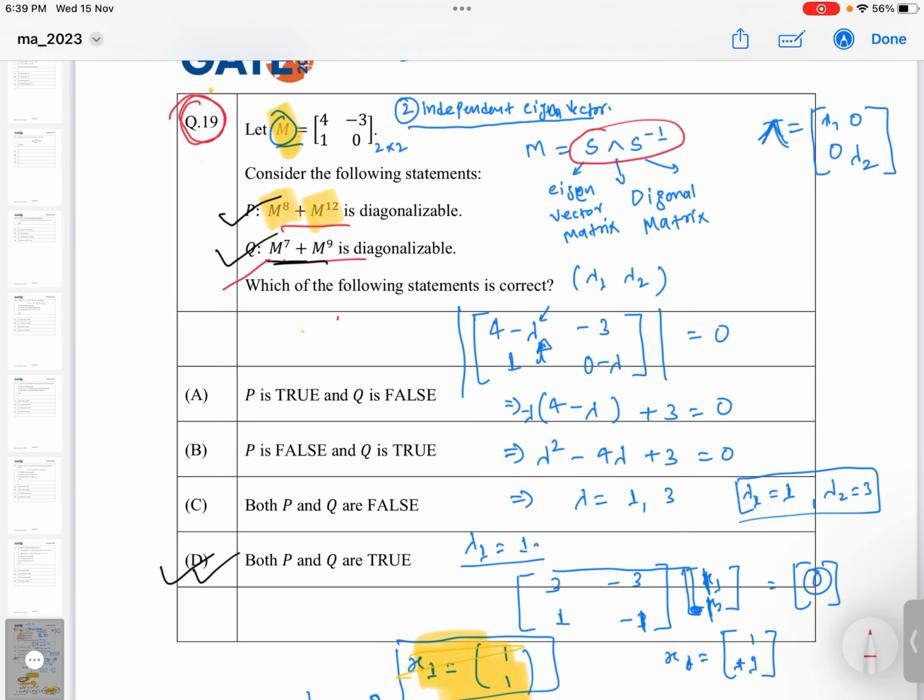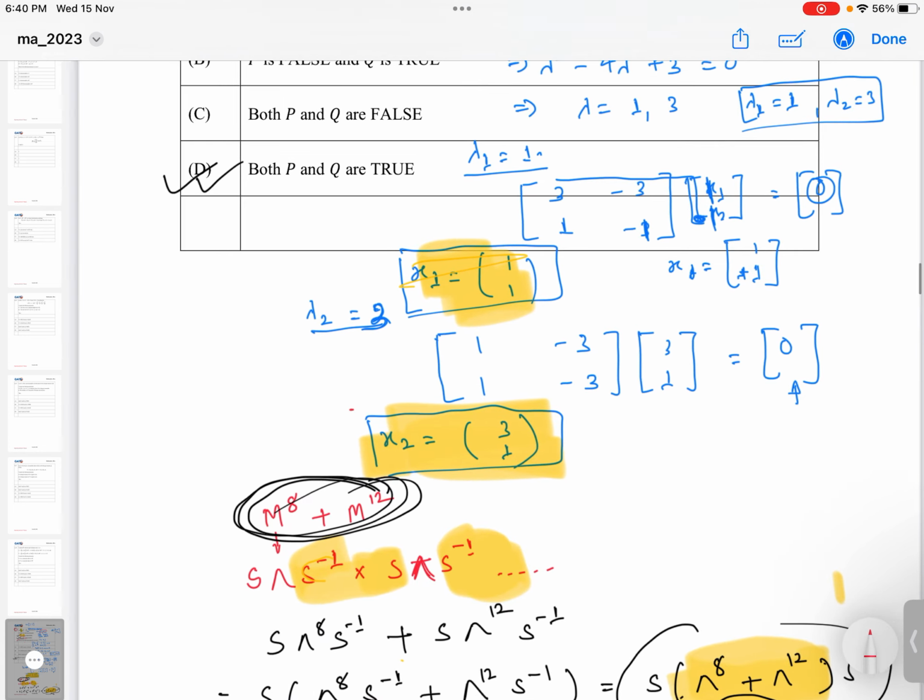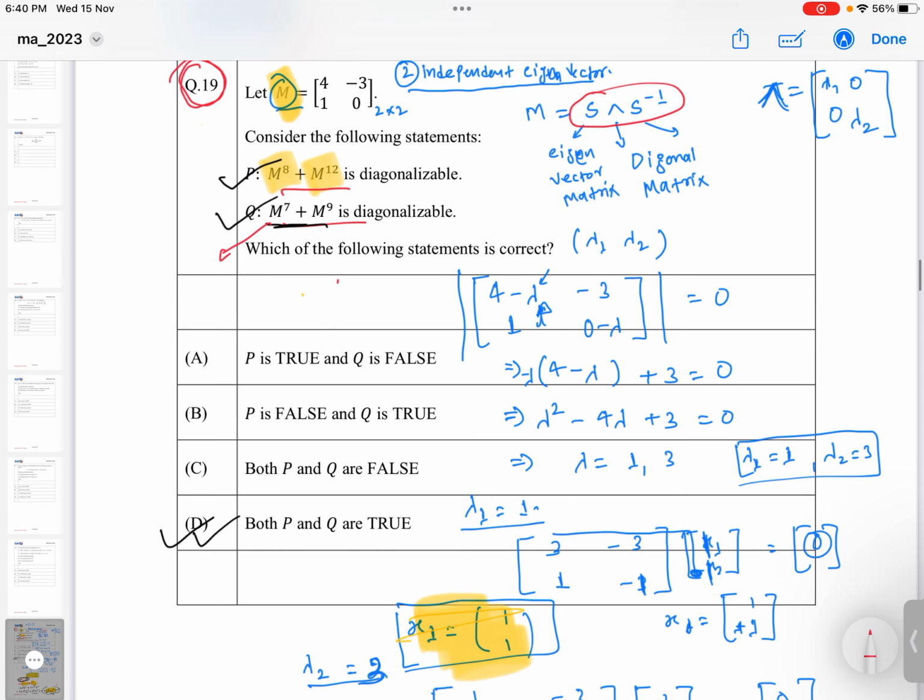It is simple, simply with the same logic, right? It will look like this: S lambda to the power 7 plus lambda to the power 9 into S inverse, and this is the sum of two diagonal matrices, and the sum of two diagonal matrices will be again a diagonal matrix. So again S, a diagonal matrix and S inverse. So this is also diagonalizable.